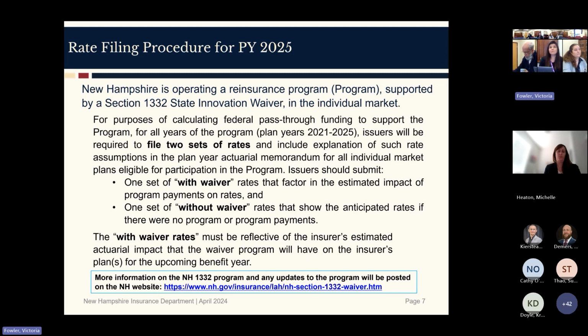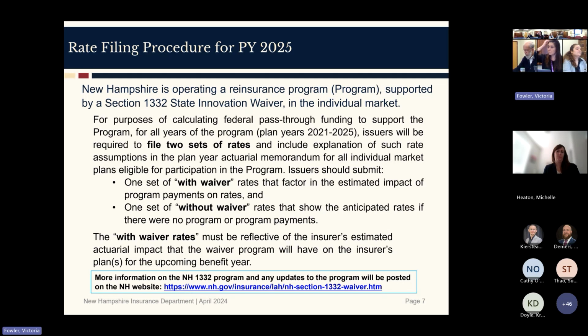One set will include rates with the waiver, which show the insurer's estimated actuarial impact that the waiver program will have on the insurer's plans for the upcoming plan year. The other would be a set of rates showing the anticipated rates without the waiver.